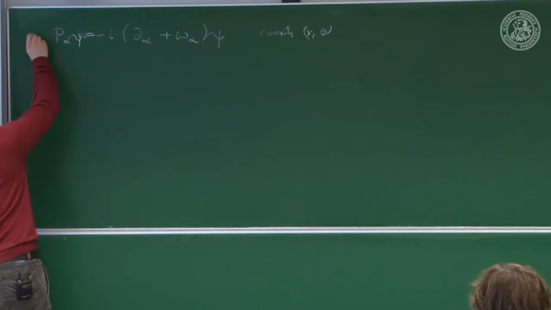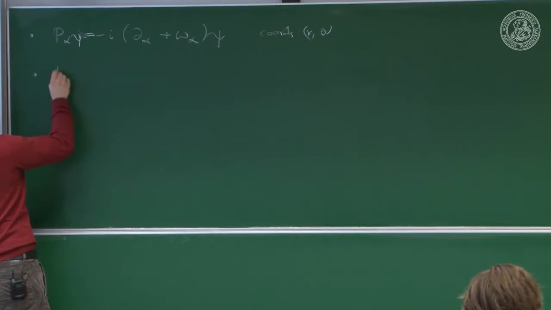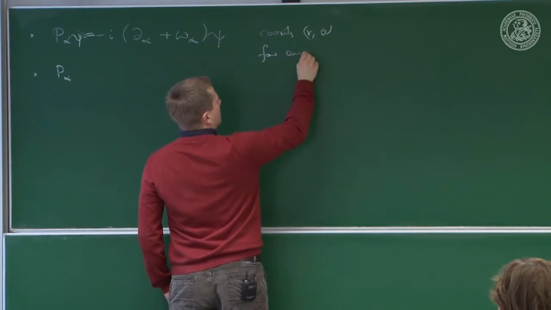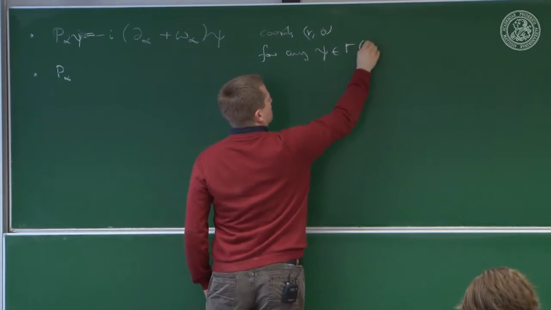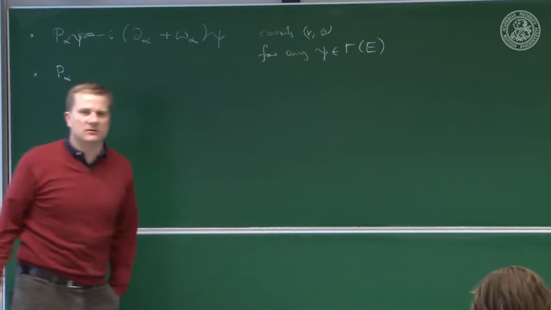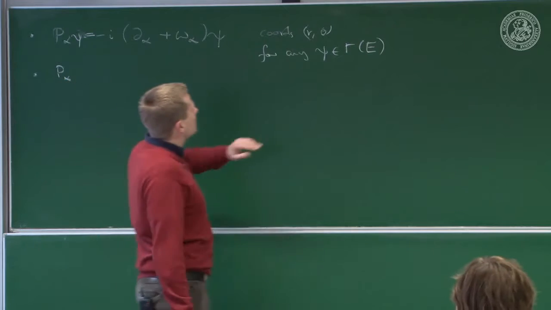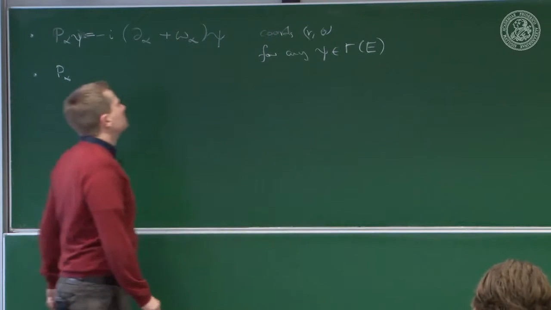But let's not forget that this is for any psi being a section of this bundle we imagined. I mean, this bundle I'm going to use because that's what it is. Well, strictly speaking, yeah, well, okay.